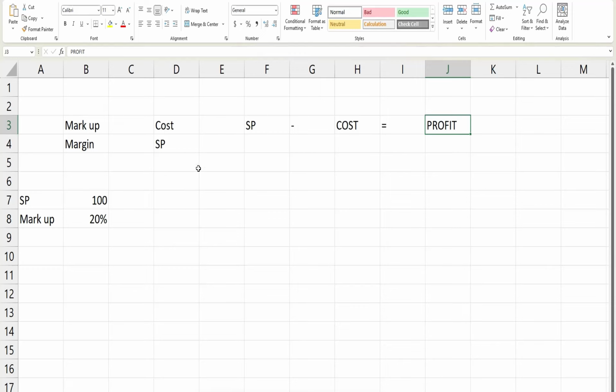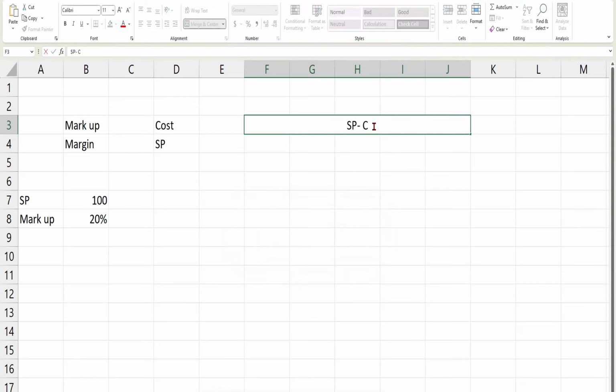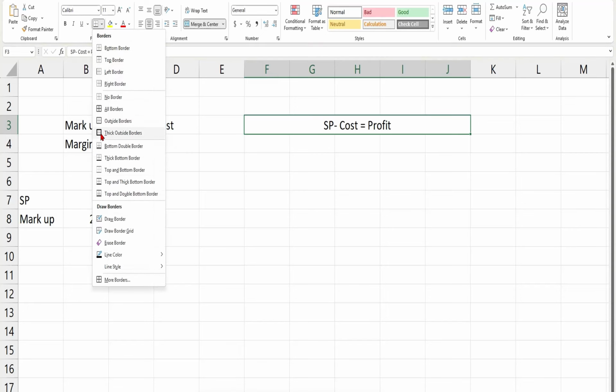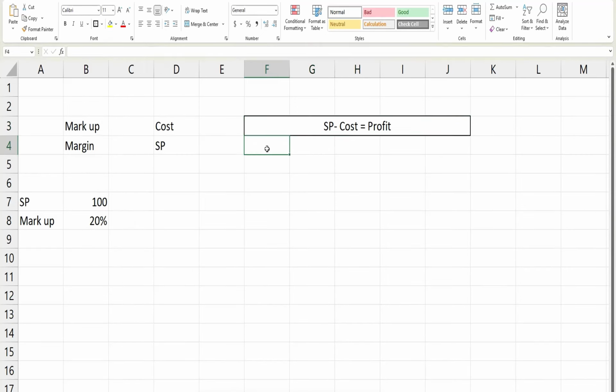Let me merge this cell first. Okay, so selling price minus cost is equal to your profit. If the profit is added on your cost, in that case it will be known as markup, and if the profit is added on your selling price, in that case it is known as your margin.